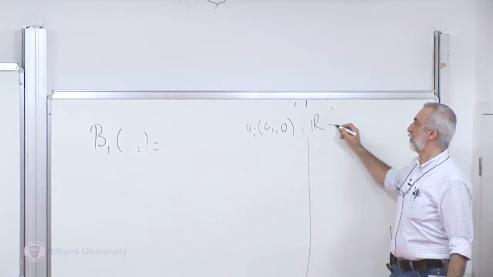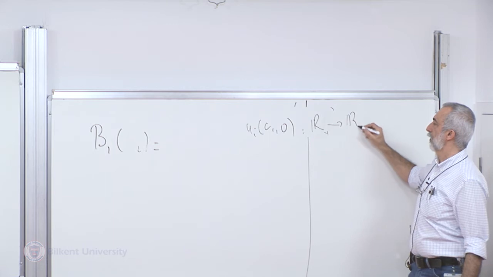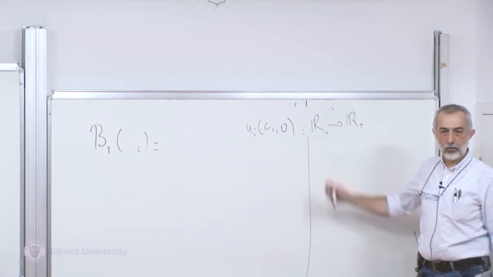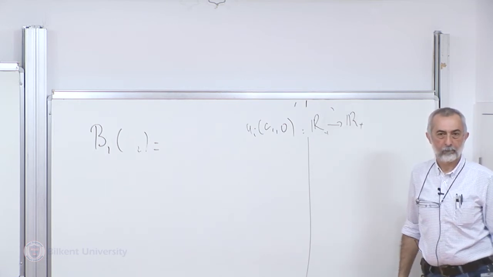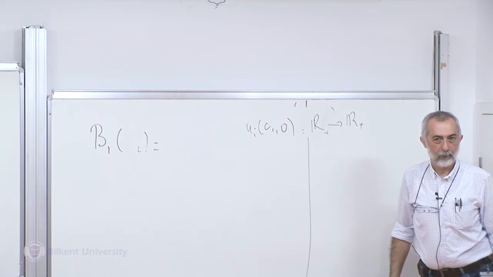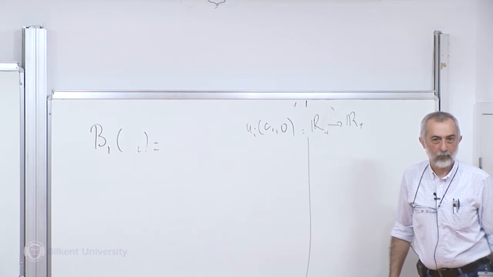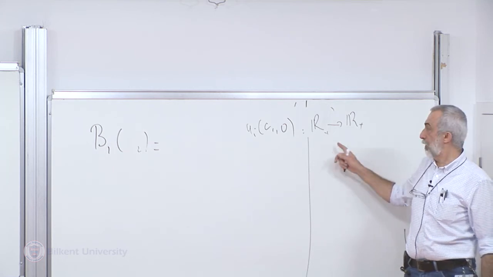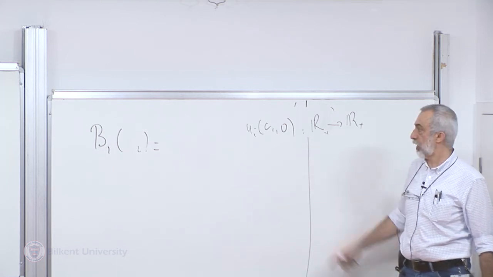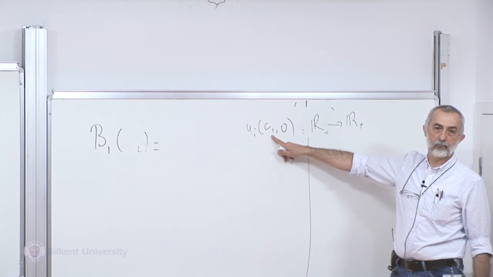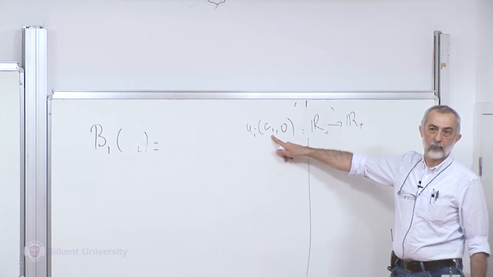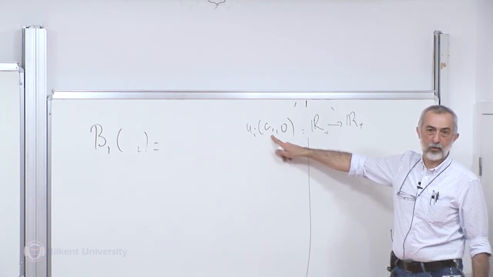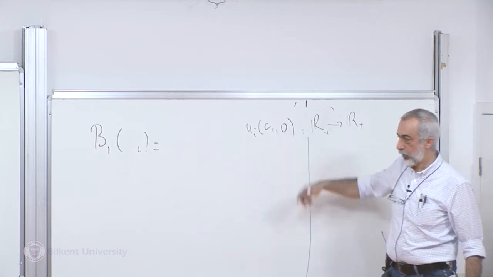We can think of that function from R plus to R plus. So it's not compact. It need not have a maximizer, right? But if it doesn't have a maximizer, what can we say about this function? It's always increasing, okay?